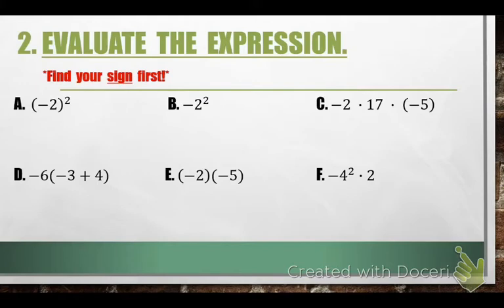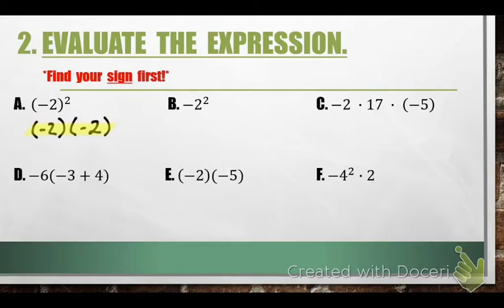Let's look at the first one, negative 2 squared. What does that mean? It's negative 2, multiplied by itself. You are correct. Negative 2 multiplied by itself. So that's going to be negative 2 times negative 2. This is the way I want you to show your work. Anytime you see that squared, go ahead and show me what does that mean exactly.